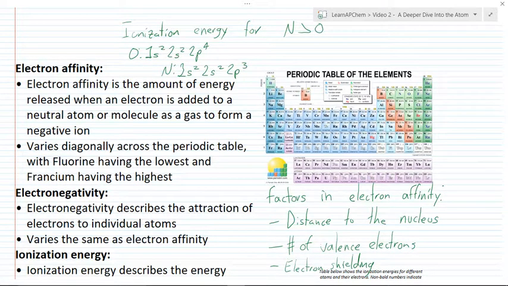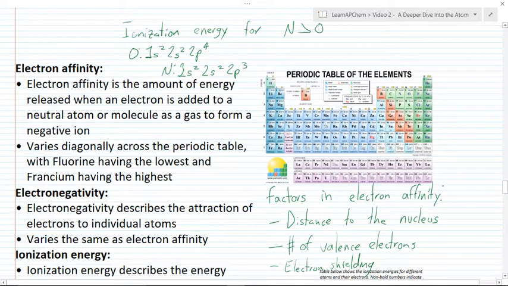The electron configuration of nitrogen is a stable, half-filled structure. Oxygen is one electron beyond being stable. When we take an electron away from nitrogen, it becomes less stable.